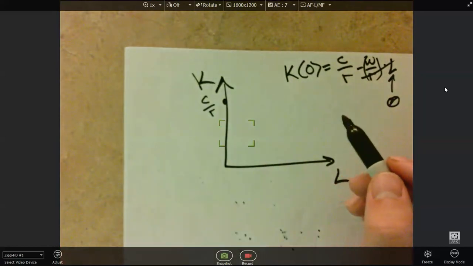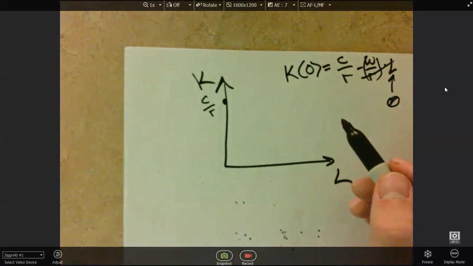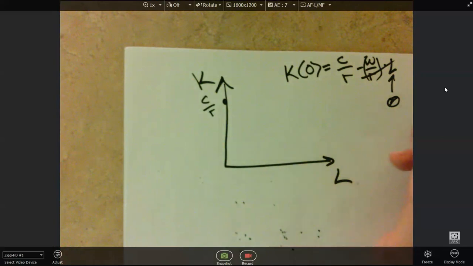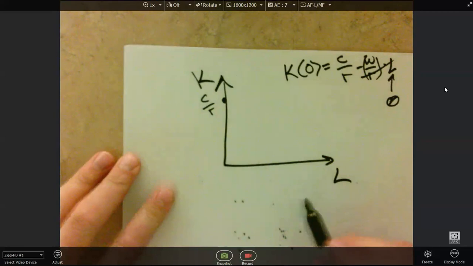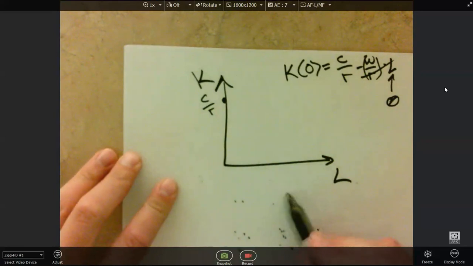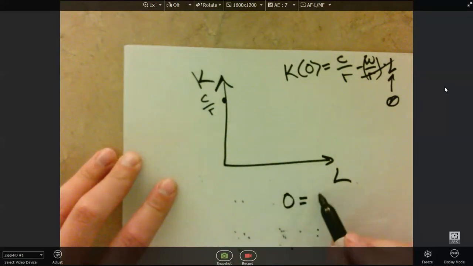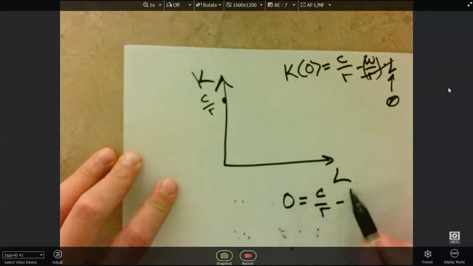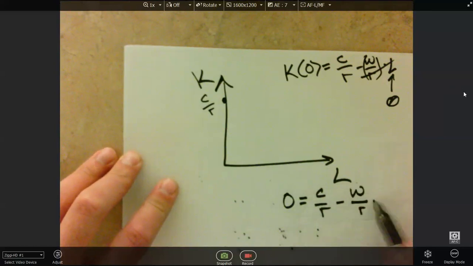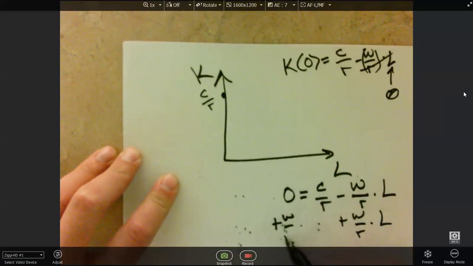What about the L-intercept? So for the L-intercept, we want to set K equal to 0, right? So that'd be 0 equals C over R minus W over R times L. And then we can add W over R times L to both sides.